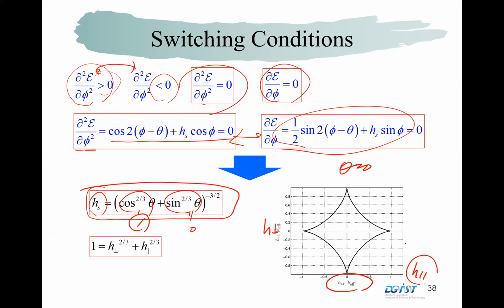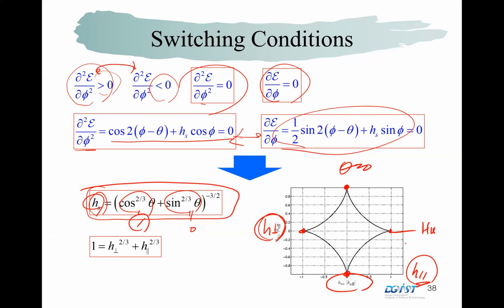Once you apply only the parallel direction, with no perpendicular component, we have plus or minus 1 over Hs. This corresponds to Hk. And if you apply only the perpendicular direction, with zero parallel component, we need the same magnitude of field.